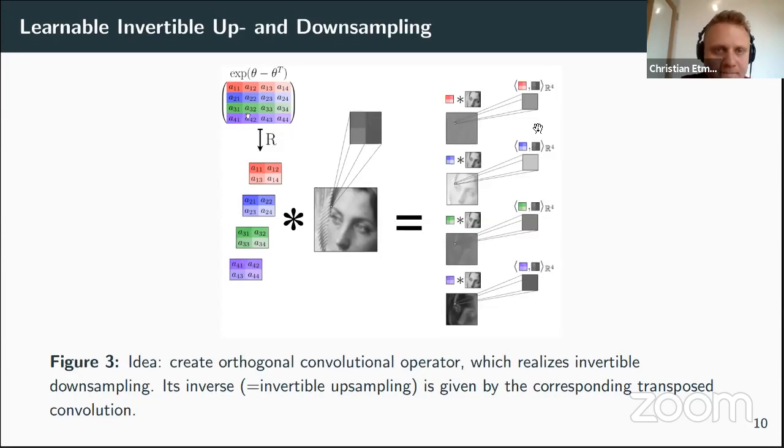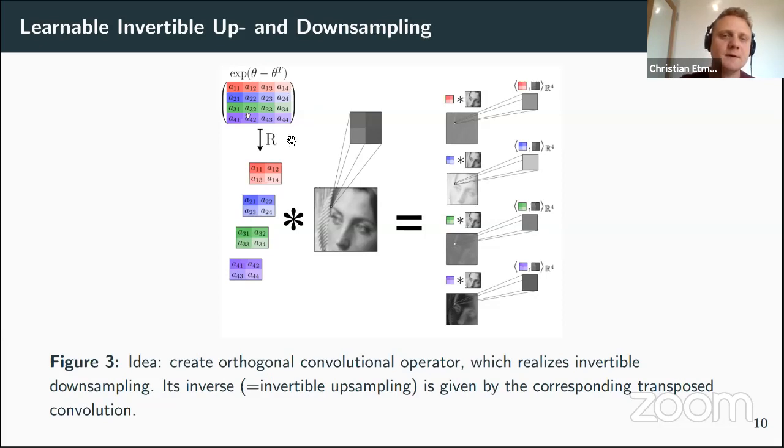Given some matrix theta that fulfills some dimensionality constraints, we can calculate a skew-symmetric matrix, theta minus theta transposed. And by exponentiating this skew-symmetric matrix, what we get is an orthogonal matrix, where in this case the rows are colored according to some scheme.